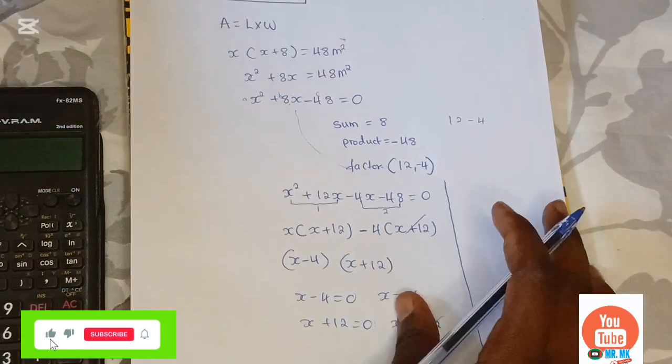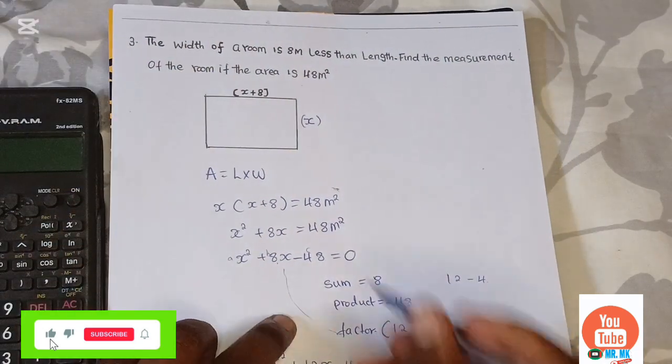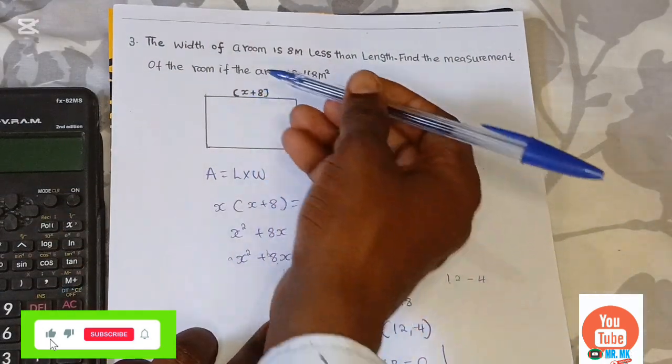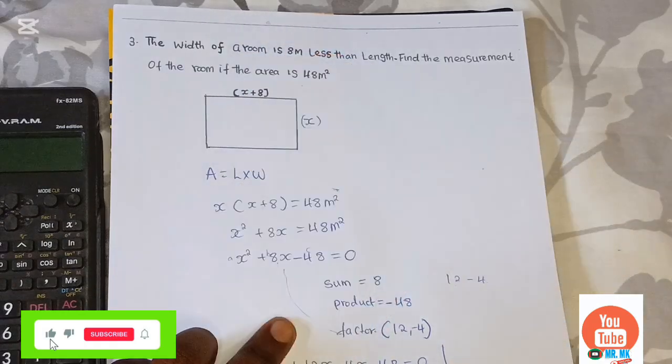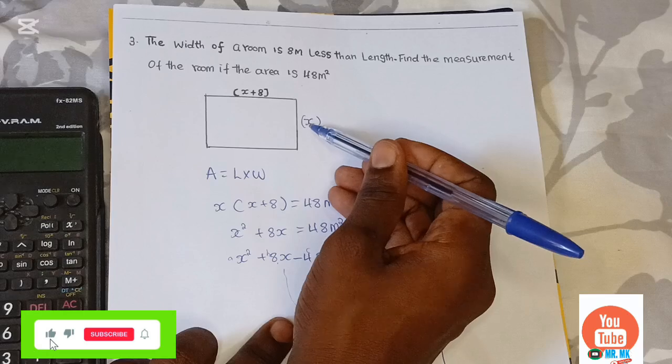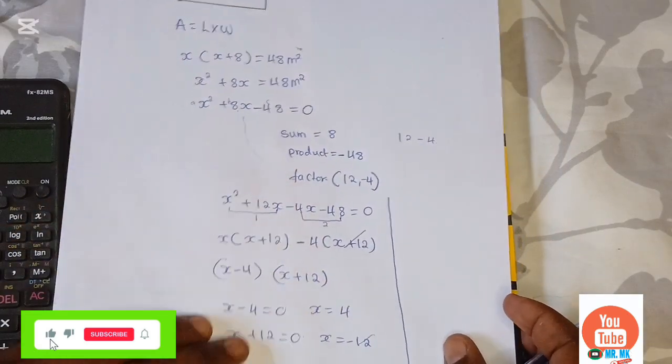The question says find the measurement of the room. Let's say our value for x is 4. The length will be x plus 8, which is 4 plus 8, and the length is 12. The width is 4 and the length is 12.